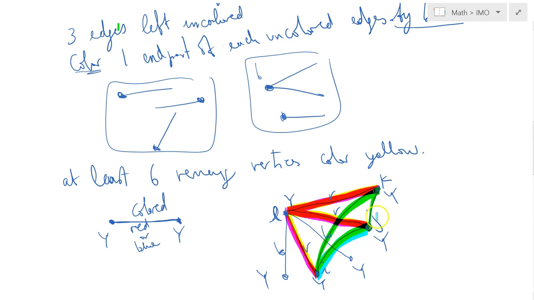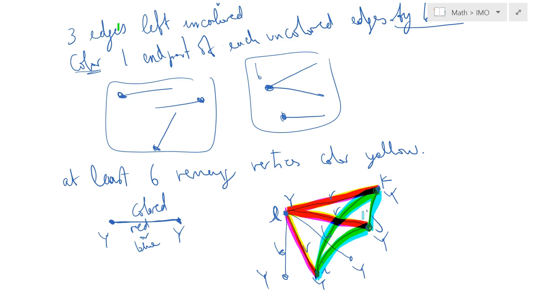In a similar way, if I color JK red, then LJK would be an all red monochromatic triangle, so I don't want that to happen, and this one has to be blue. And finally, for I to K, if I color it red, then LIK will be red, so I have to color it blue, but then that forces triangle IJK to be blue. So we have no choice in this.